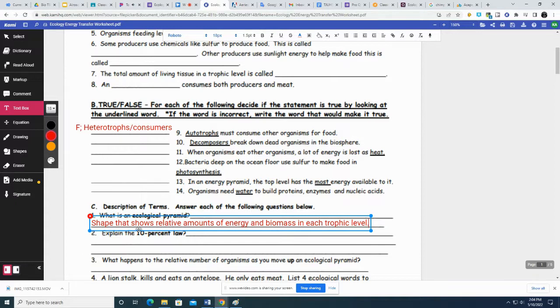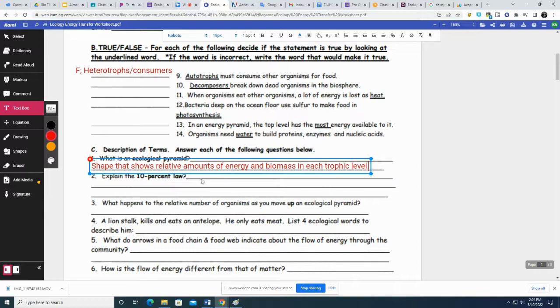So the producers, the plants, that's a trophic level. The things that eat plants, like rabbits, that's a trophic level. Those are the primary consumers. The things that eat rabbits, which eat grass, that's another trophic level. That'd be a secondary consumer. Explain the 10% law. If you've never heard of it, I'm guessing you didn't watch my EdPuzzle. So either watch the EdPuzzle or just Google 10% law.